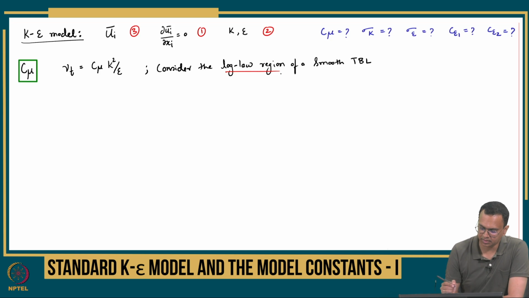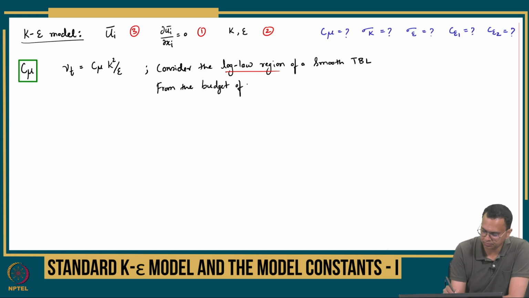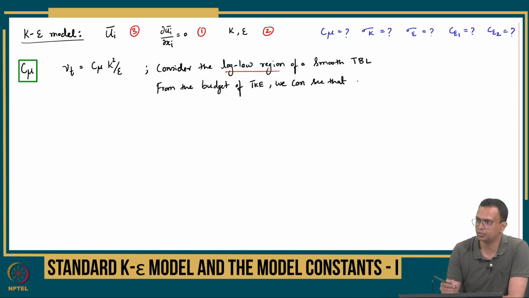So if I take a log law region of a smooth turbulent boundary layer, from the budget of turbulence kinetic energy, we can see that this Pk and epsilon, that I just showed you in the previous graph, where Pk by epsilon is more or less 1 in the core, right?